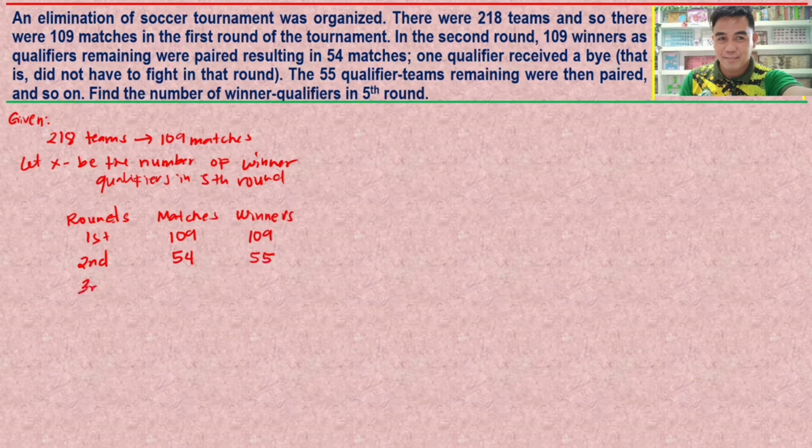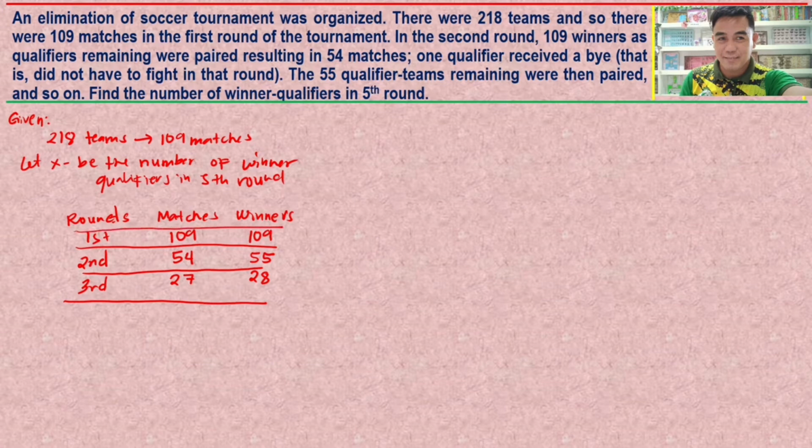On the third round, we have 27 matches that has 28 winners. Using this information, let us try to think on how to get the number of winners on the fifth round.